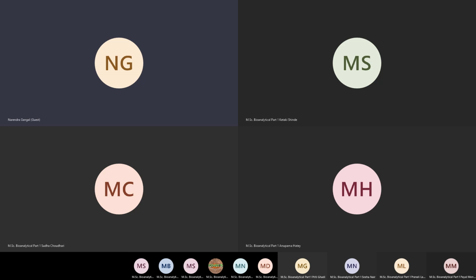If it is lower, there is less fragmentation. If it is more, there is very large fragmentation, and then I won't be able to interpret. That is why in EI, 70 electron volts is fixed worldwide.